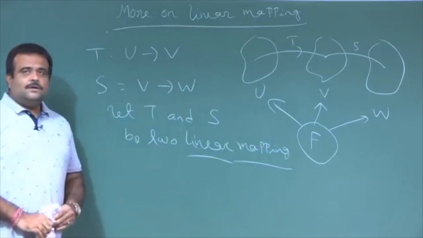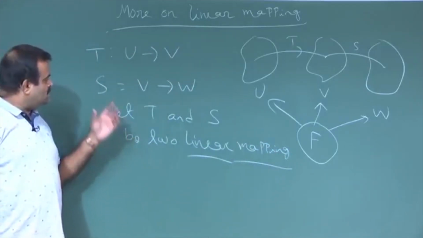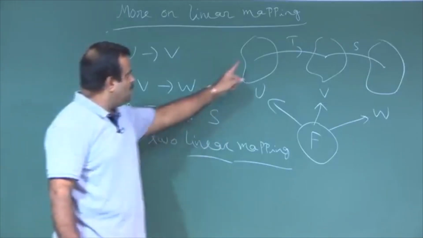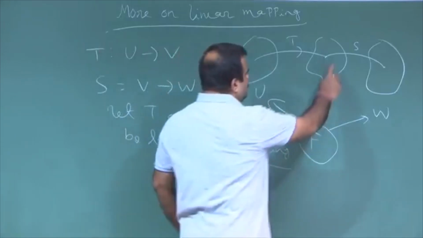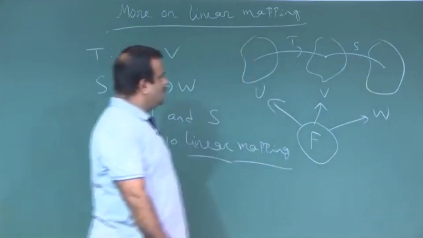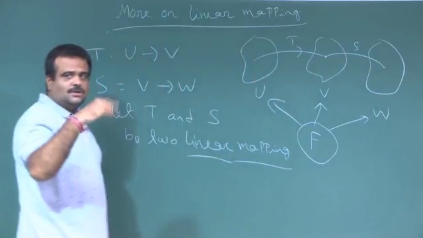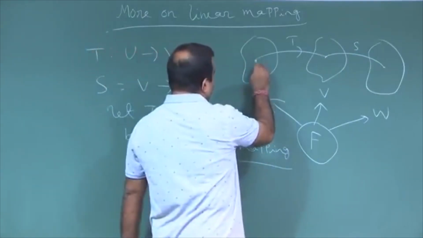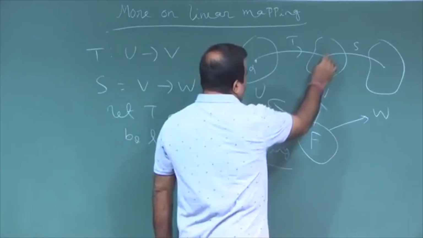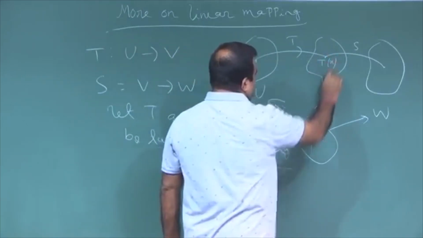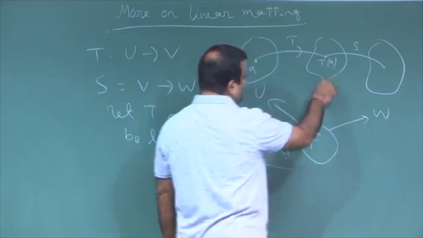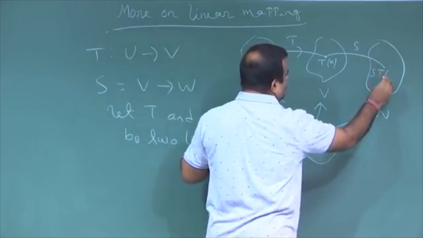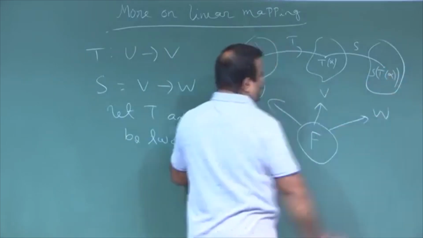So T is a mapping from U to V and S is a mapping from V to W. Now, the composition of these is also a mapping. Composition means we take an element alpha from U and apply T, which gives T alpha, an element in V. Then if we apply S on this, we get S of T alpha.